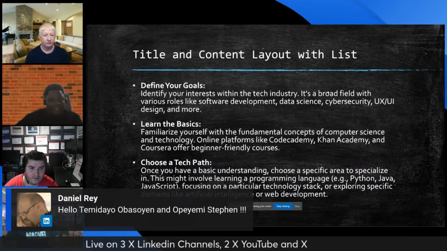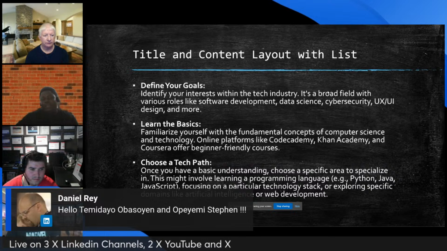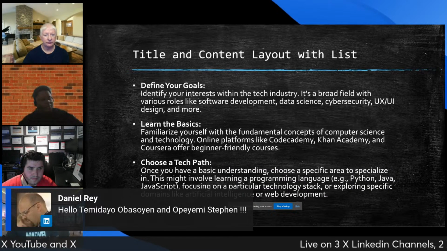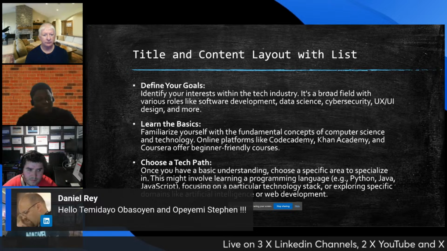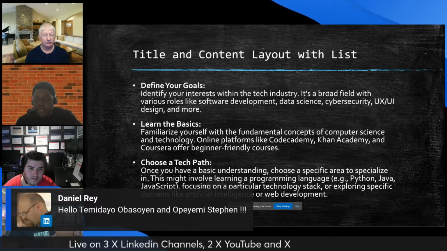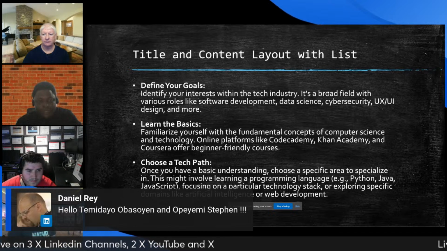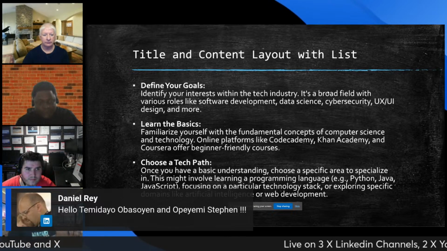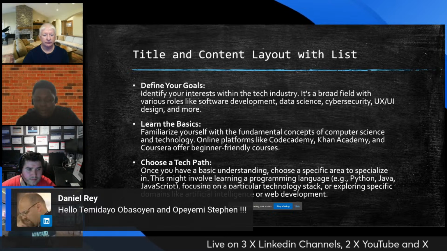What I did here is defining your goals, learning the basics, and choosing a tech path. I'm going to read what it's all about and then talk about it. Identify the interest within the tech industry. It's a broad field with various roles like software management, data science, cybersecurity, UI/UX design, and more.